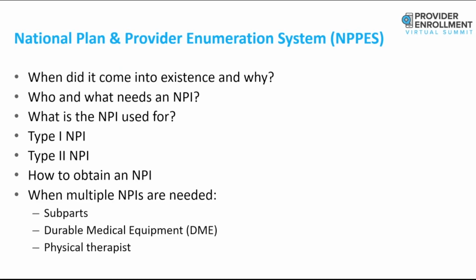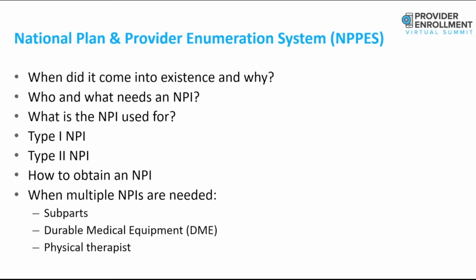So a Type 2 NPI would be any type of organization that is created that is going to be billing for services. And that Type 2 NPI is going to be utilized on a claim form in a couple of different places. It's not going to be the rendering provider because a Type 2 organization isn't somebody that can provide services. There wouldn't be a time when the rendering provider is a Type 2 NPI, because it's always going to be a human that actually can order services and can provide services.